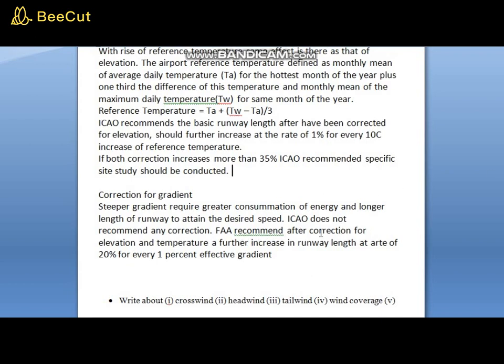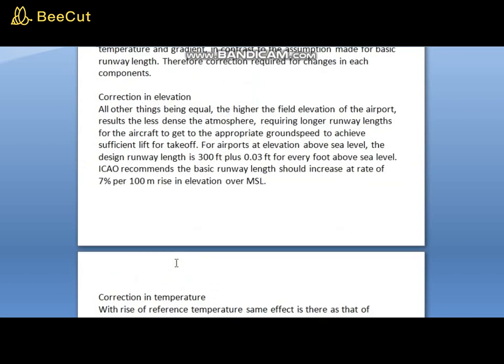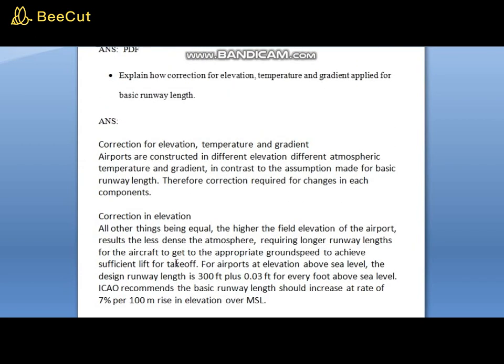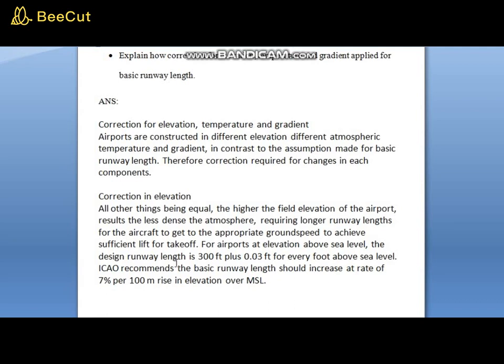FAA recommends that after correction for elevation and temperature, a further increase in runway length at the rate of 20% for every 1% effective gradient has to be made. It is specified by FAA. This was all about corrections for elevation, temperature and gradient applied for basic runway length.